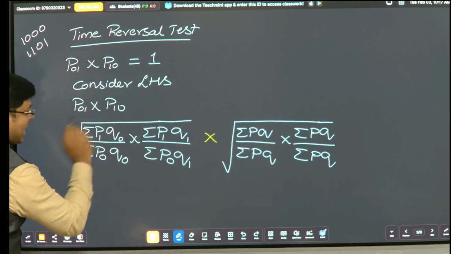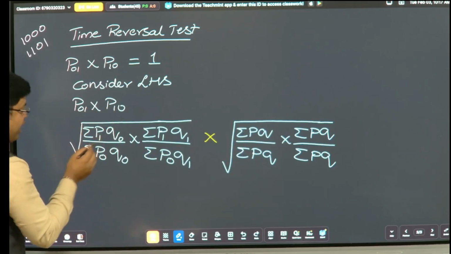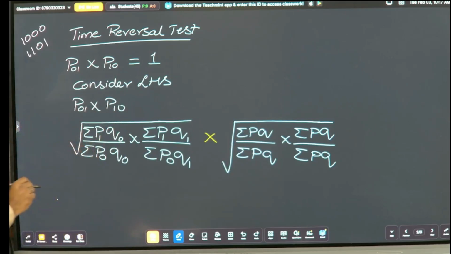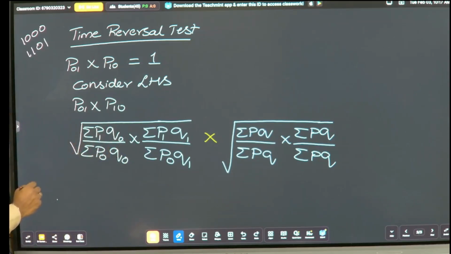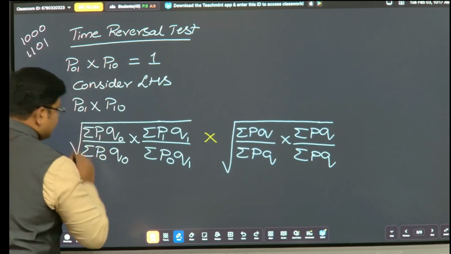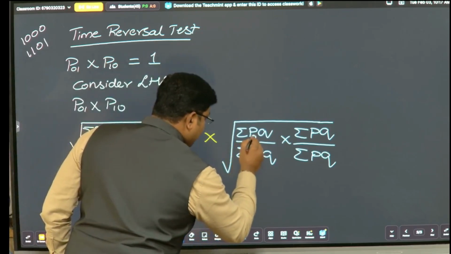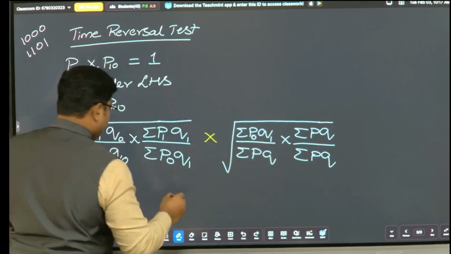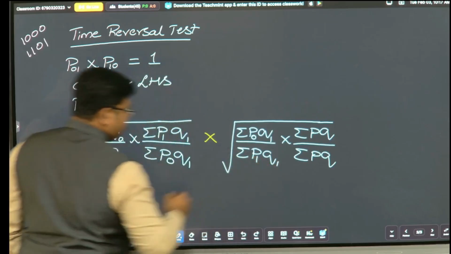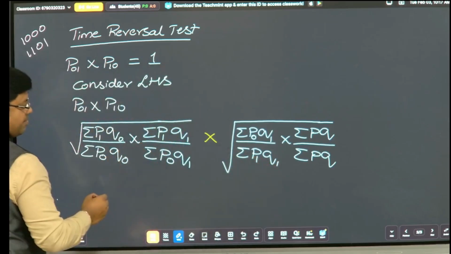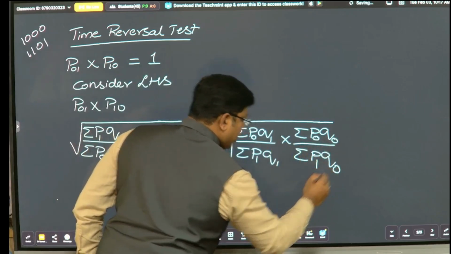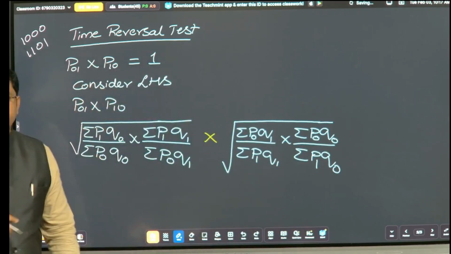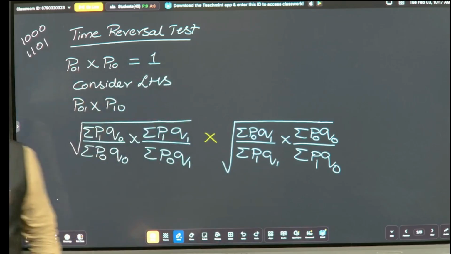Because we are interchanging, wherever 1 is there, you need to write 0. Wherever 0 is there, you need to write 1. So instead of 1, I am writing 0, 1, 1, 1. Similarly, in this, 0, 0, 1, 0. Any doubt up to this? Shall I proceed?